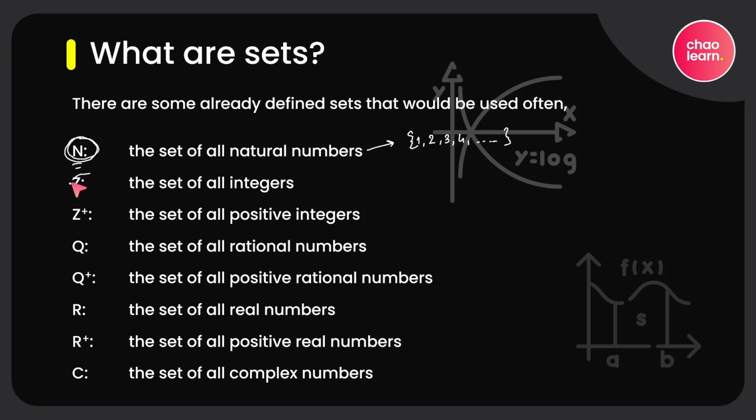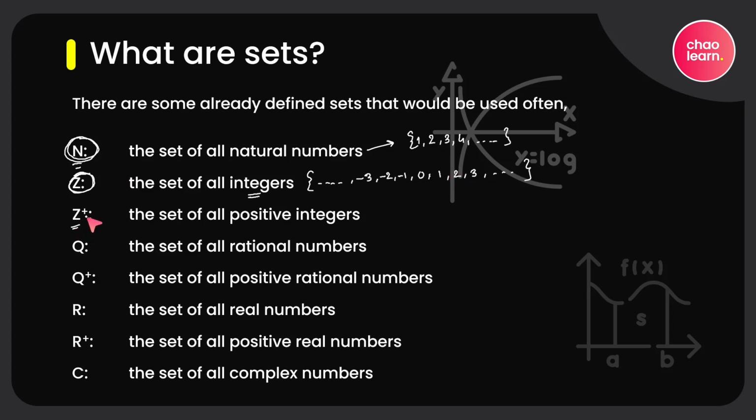Then we have this capital Z. Capital Z over here represents the integers. So what are the integers? It comes from minus infinity to -3, -2, -1, 0. Then again it goes to infinity, 1, 2, 3, and then towards infinity. So it comes from minus infinity, all the numbers, and then again goes to infinity.